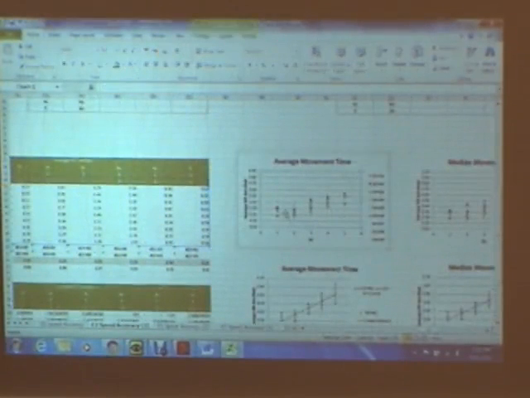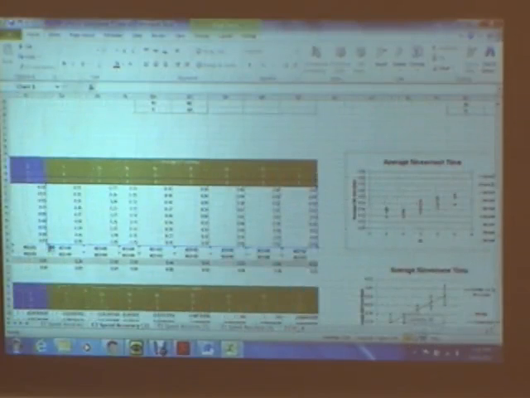So here it looks at your index of difficulty and all of the data points for every person, which is kind of cluttered, right? So you see this graph here, you got index of difficulty on the side, and you got your movement time on the y-axis.